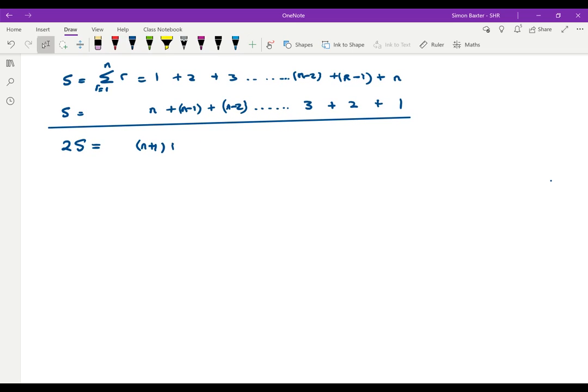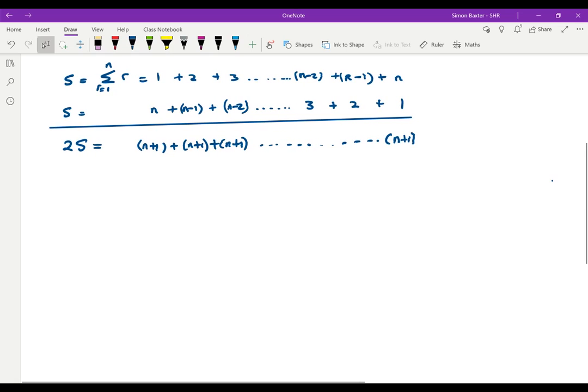So we've got n plus 1 plus n plus 1 plus n plus 1, dot, dot, dot. So we've got n plus 1 every single time. That means we have n lots of n plus 1, and therefore S, which is the sum, r equals 1 to n of r, is a half n times n plus 1.